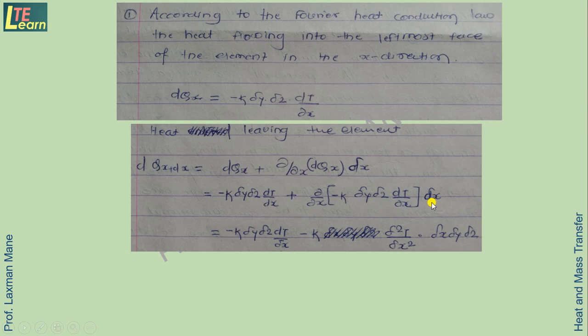Now K, the thermal conductivity, being a constant, will remain as it is, and dy, dz and dx, these three are the sides. So the derivative of the temperature gradient with respect to x will be del square T by del x square.